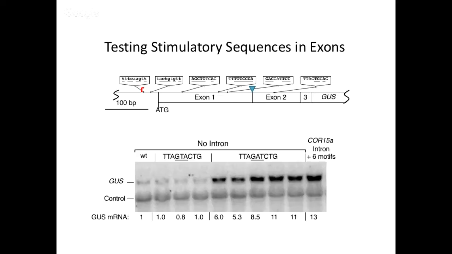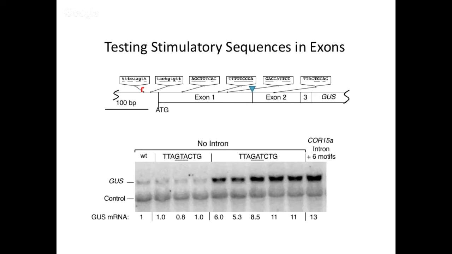So again, this is a northern blot. This is the motif that we were able to create at those locations, again, without creating too much of a change to the encoded amino acids. This motif was identified in collaboration with Ian Korf and his group. We introduced either that motif or a mutant version of that motif in which the central 2 nucleotides are reversed, which we'd shown previously virtually eliminates the ability of this motif to turn an intron into a stimulating one.